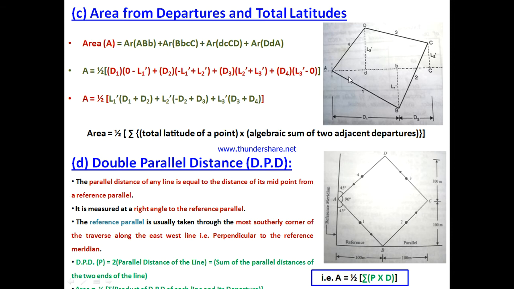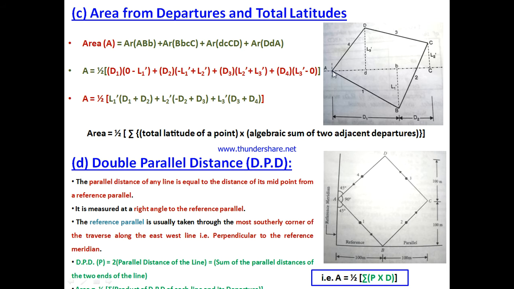So in this particular case for triangle ABB, we will determine the total latitude of that point, which will be equal to L1, because for the ABB area the latitude value at this point will be 0. So only this latitude will be considered, but as you can see the value of latitude is in the negative direction, or I can say it is projecting towards the southing, so we are considering this L1 as negative.